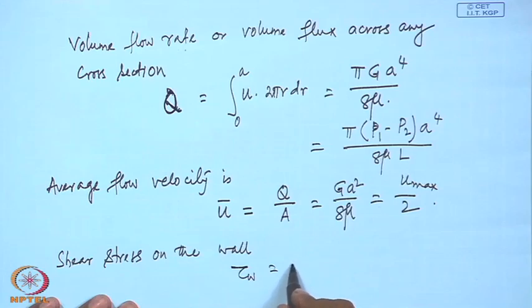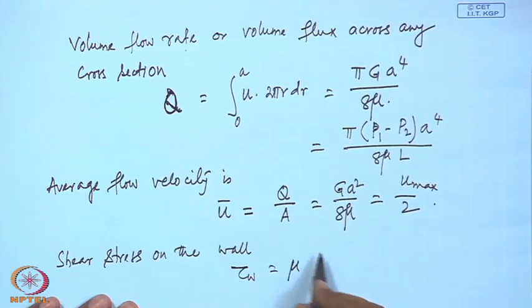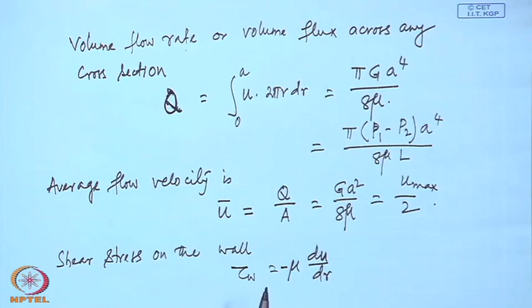In this case, the expression will be mu into, or minus mu into, du dr. In general, the wall shear stress is tau r theta. It would contain a theta derivative also if you write the strain rate for r theta, but since theta derivatives are 0, it comes as du dr only.